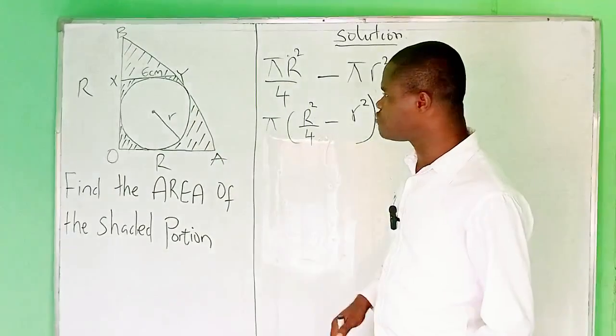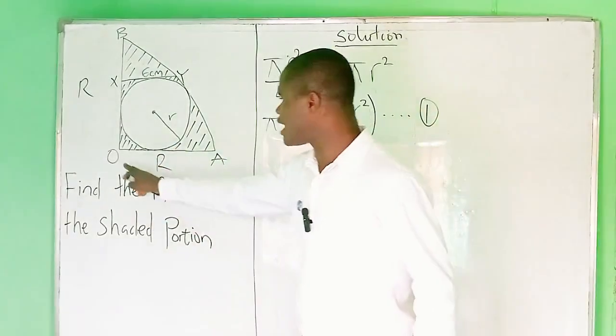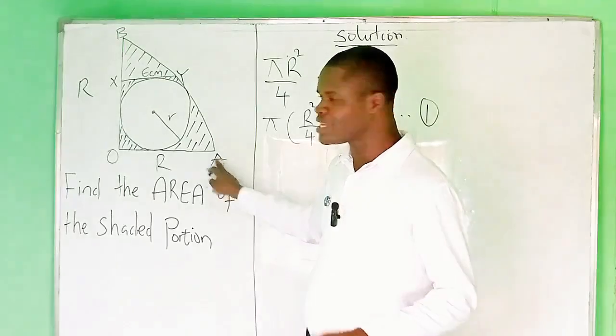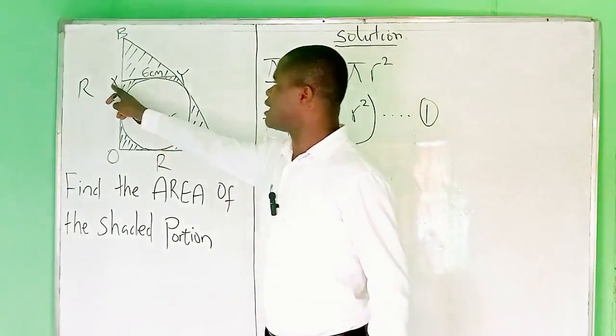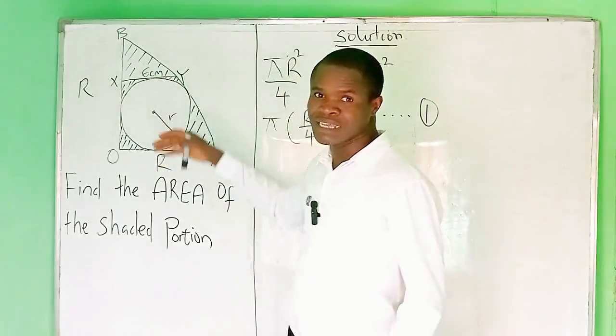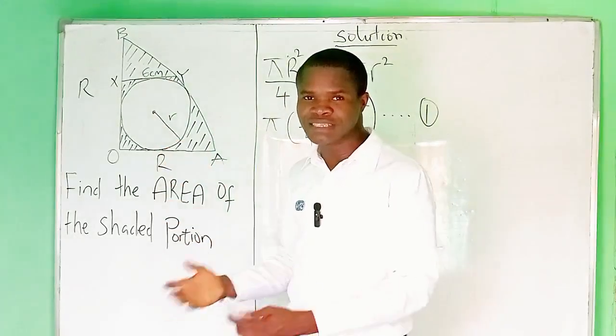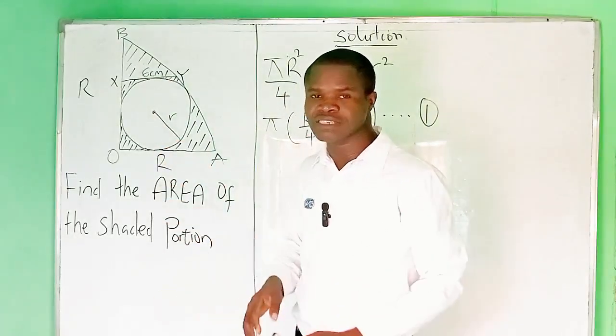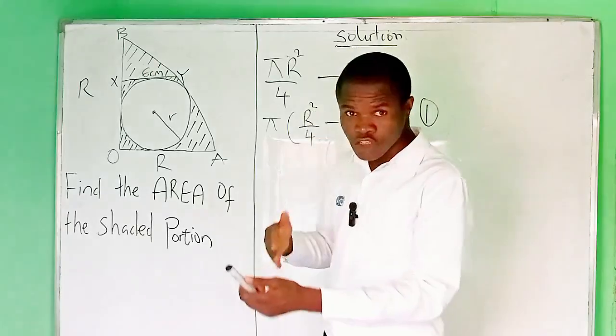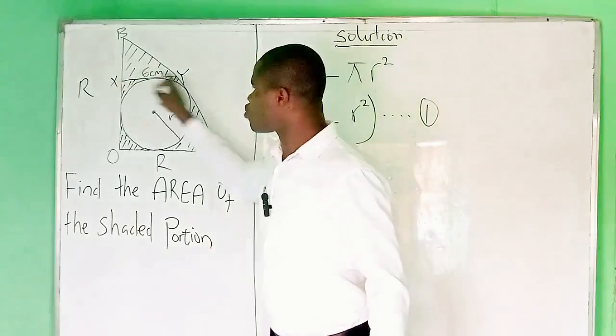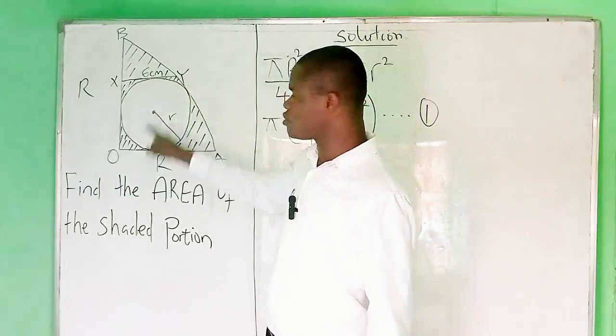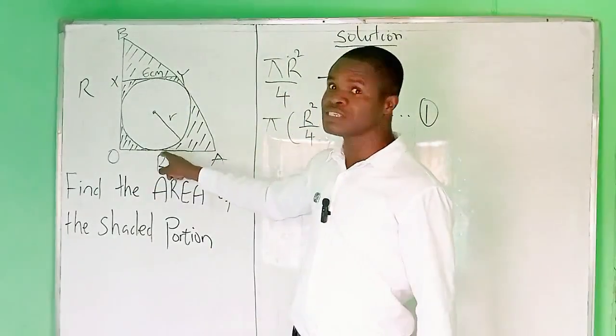So if you look at this drawing very well, you will discover that line OA is a tangent to this circle, and line XY is also a tangent. A line is said to be tangential to a circle if it runs at the surface of that circle without cutting through the circle. So line XY touches this circle, and line OA touches this circle.